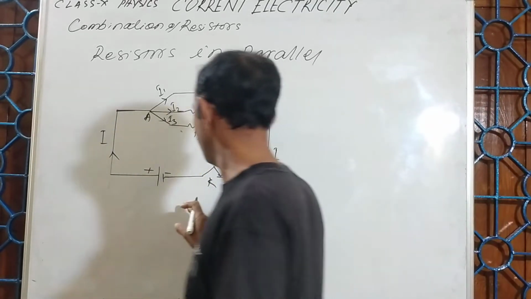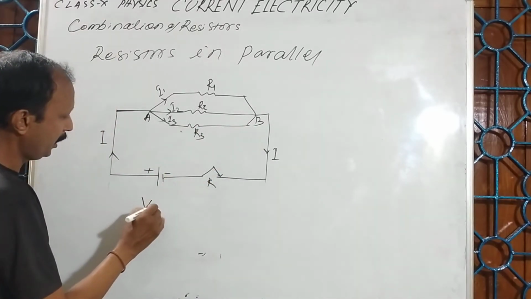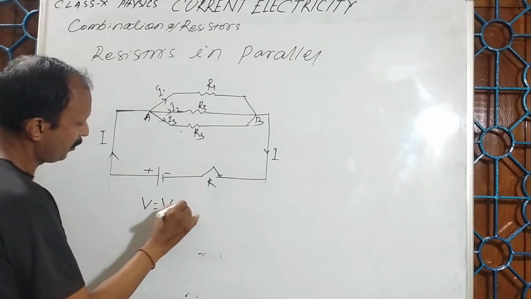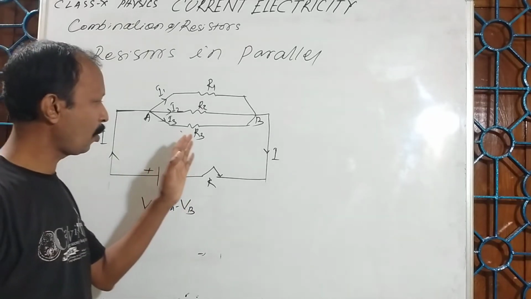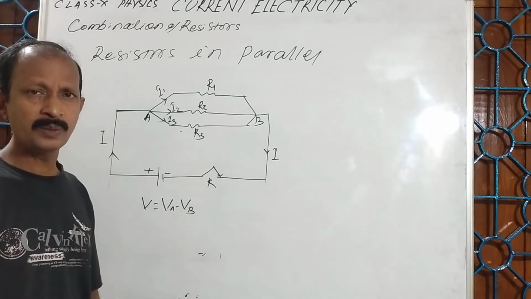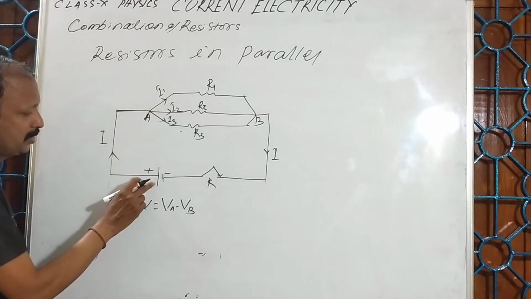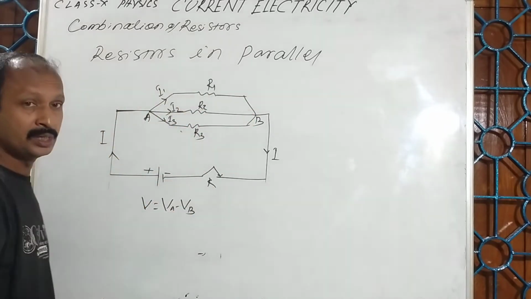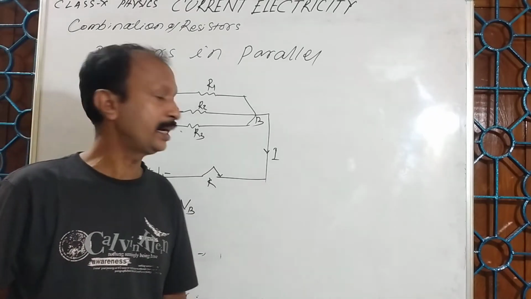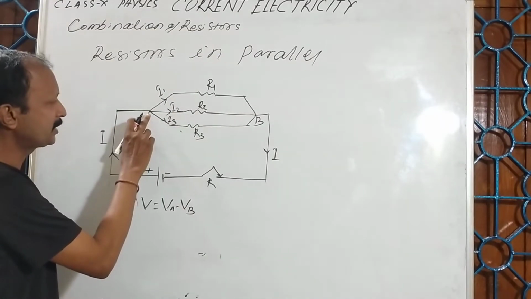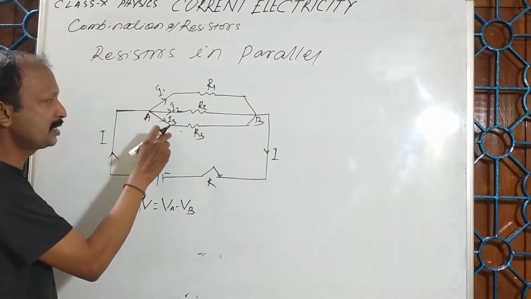There is a potential difference between the points A and B, which is VA minus VB. Whenever we draw current in a parallel combination, when the current reaches point A, it moves from higher potential to lower potential according to conventional current, and it divides between the three resistors.